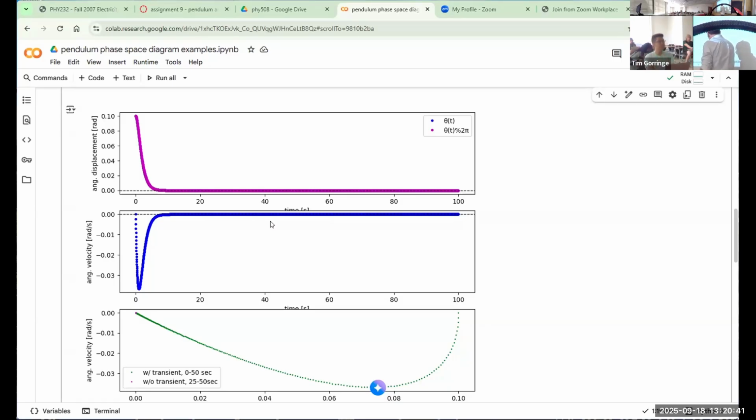In this case, this is the special trajectory that takes the pendulum back from the original displacement to the equilibrium point in the shortest period of time. That's what critical damping is.